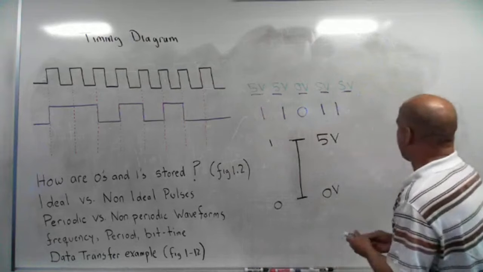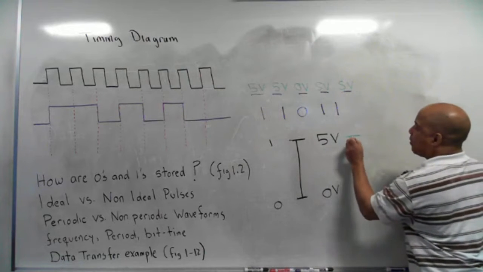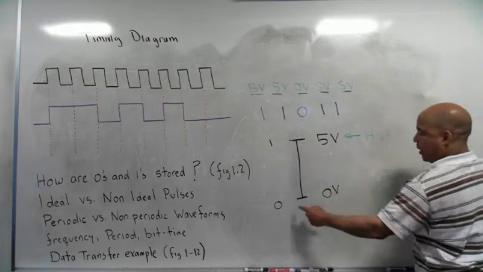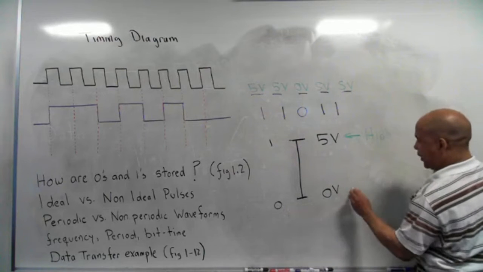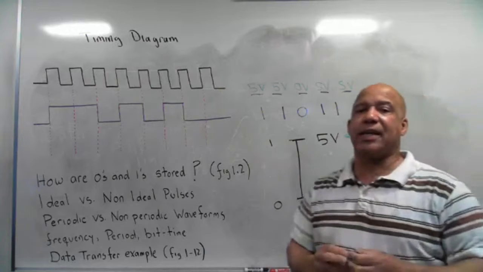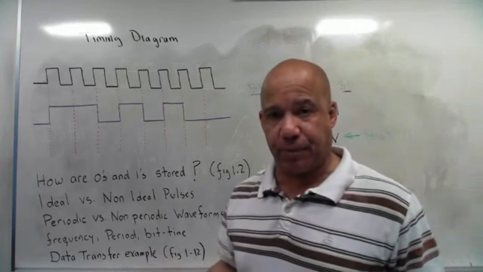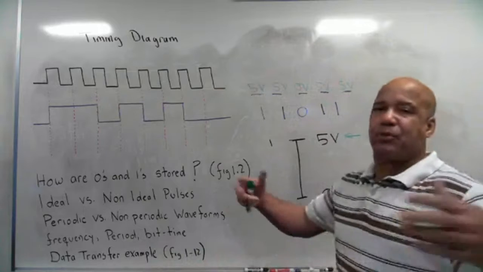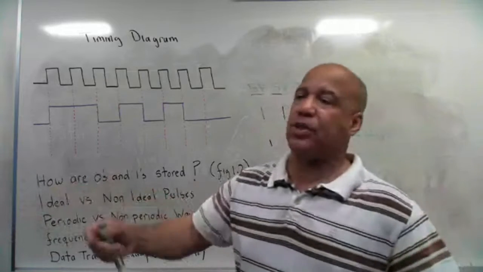Another term you want to be familiar with is that we call that 5 volts or that 1 a high, and we call the 0 volts or binary 0 a low. So on a machine level, we're dealing with voltages and currents. Now what we like to do is abstract from that. We don't like to think about voltages and currents.